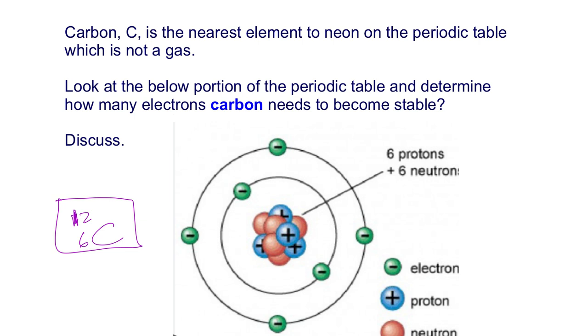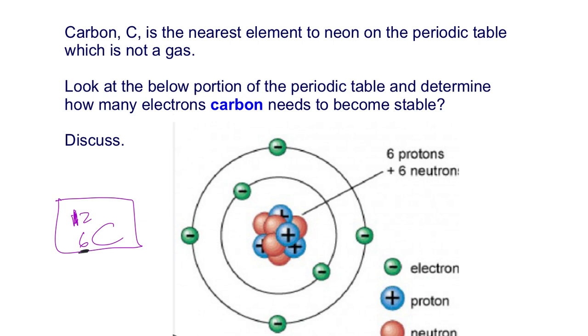So how many protons does carbon have? You could look at it on a periodic table, or you can look at this nuclear symbol. It has 6 protons, atomic number. So neutral carbon, unreacted carbon, has 6 electrons because the number of electrons equals the number of protons.